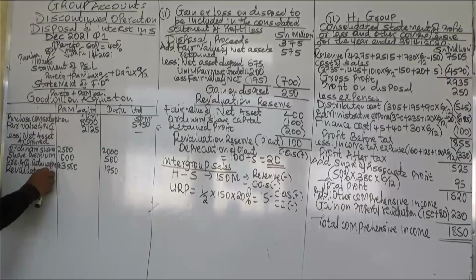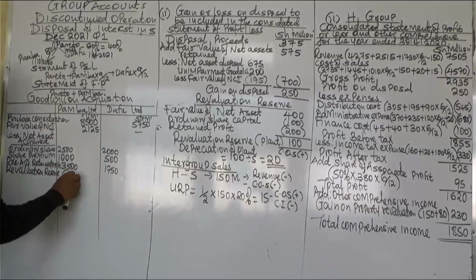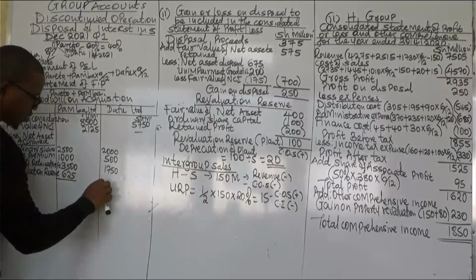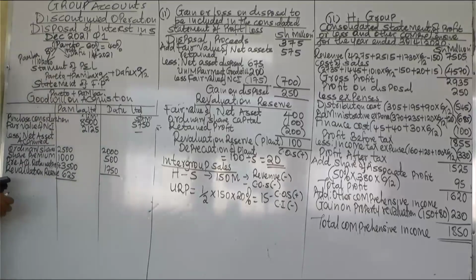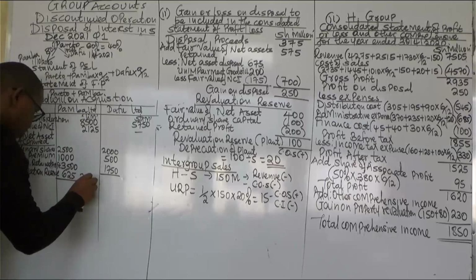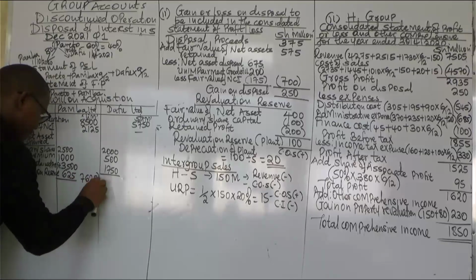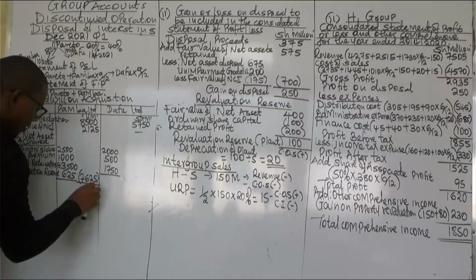Valuation reserve. How much? It was 625. So get the summation here. Here it will give you how much? So 2,500, 1,000, 3,500 plus 625. Yes, I will add them to get 76.25.